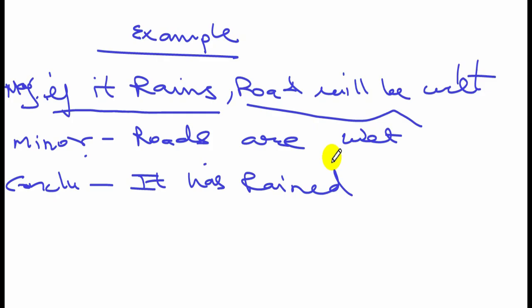So this is an example of a fallacy of constructive hypothetical argument or modus ponens. In a fallacious constructive hypothetical argument, the minor affirms the consequent and the conclusion affirms the antecedent.